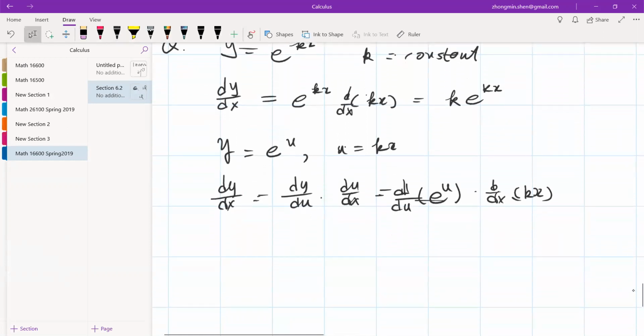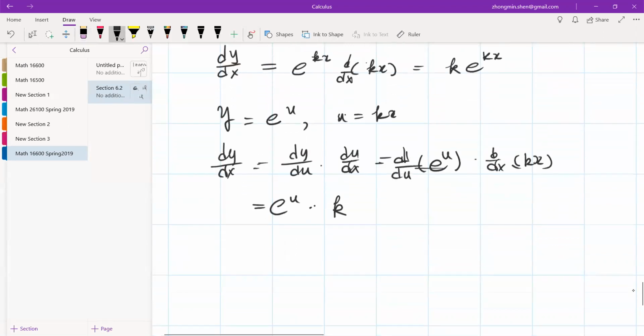The derivative of e to the u with respect to u is itself. Then the second part is the derivative of kx, which is k. So it's e to the kx times k.